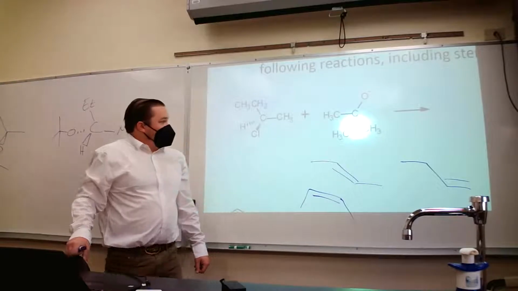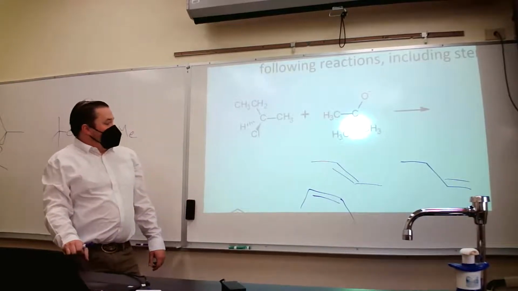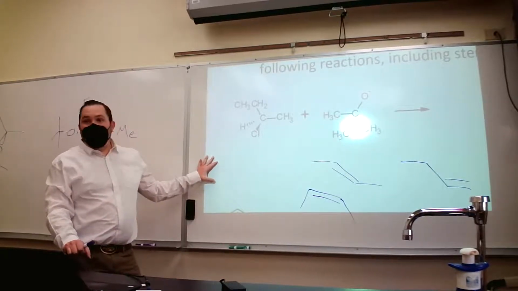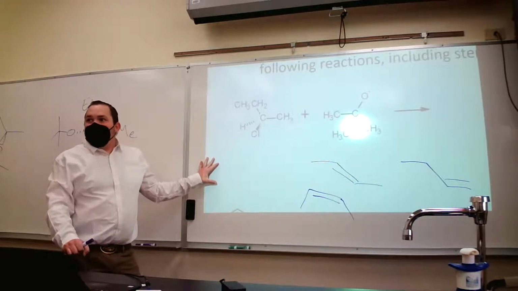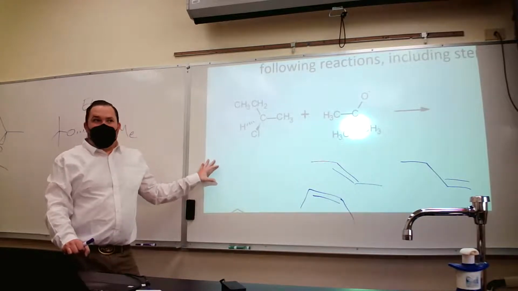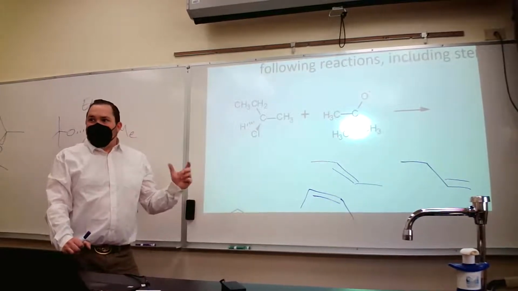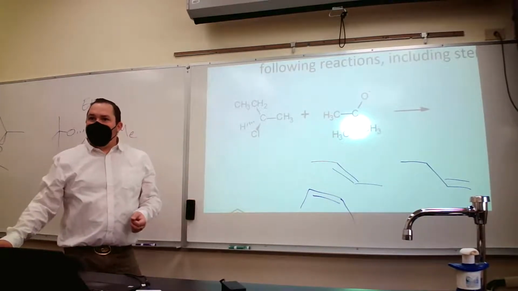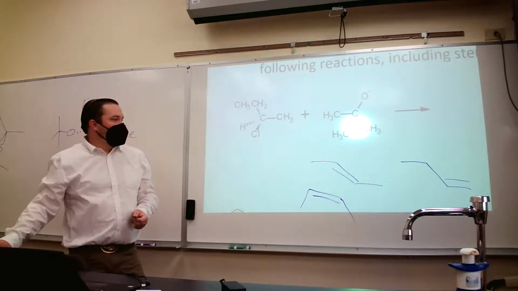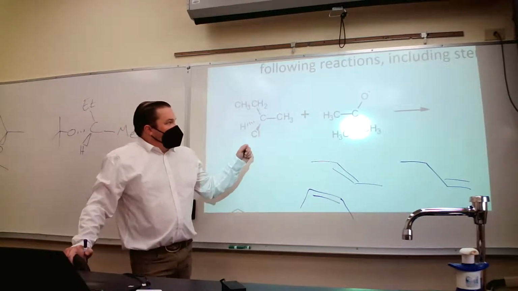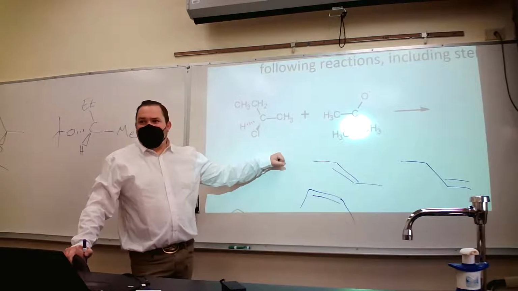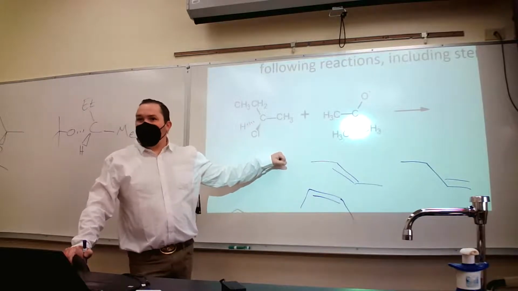And I guess we did not call out E2 versus E1. For your elimination reactions, you're going to get the same products for the most part, whether it's first order or second order, unless there's a rearrangement happening. So regardless, we know it's going to go elimination.